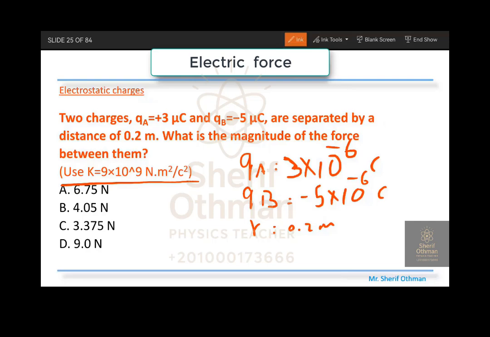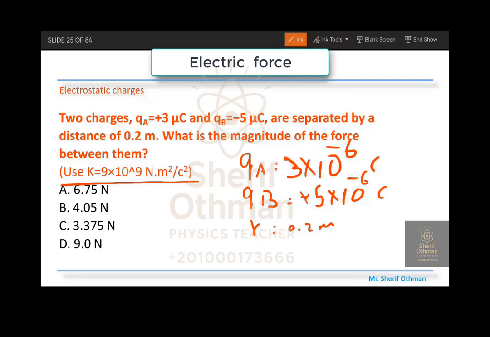Before solving this problem, guys, you have to know that negative is removed, not calculated, because you are finding the value of force, and negative here just represents the type of the charge, not its magnitude.